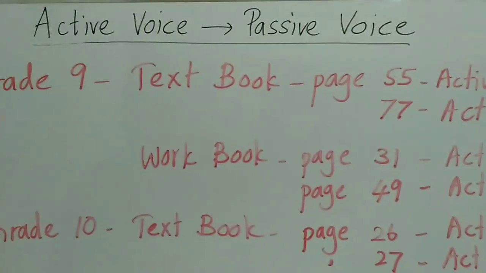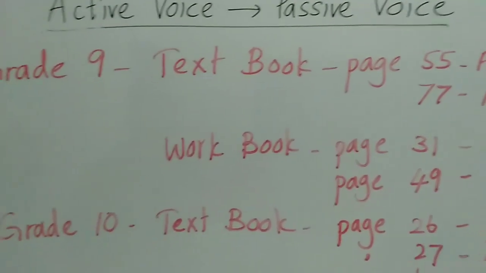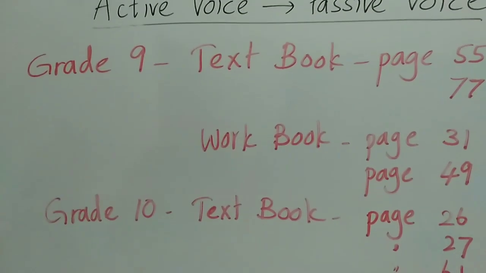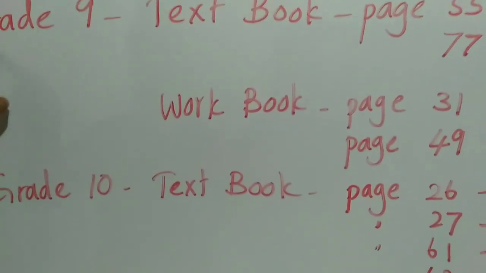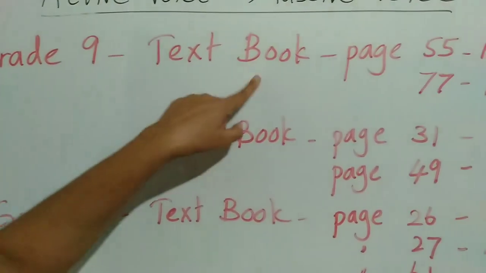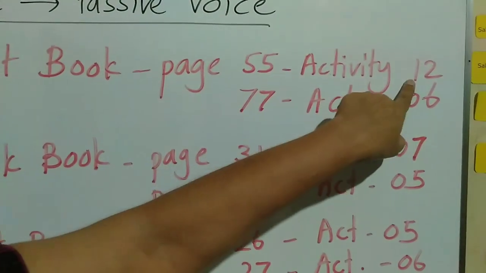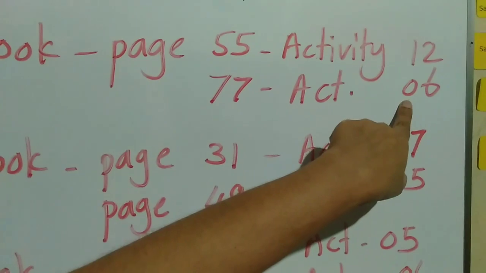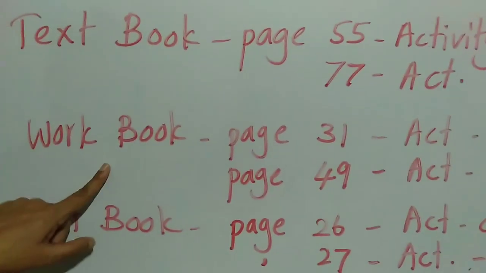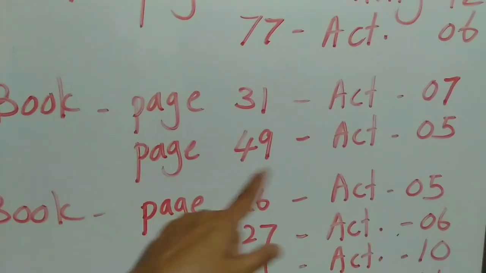I have already completed all the tenses with you, and now I am going to assign you the activities given in your textbook and your workbook. Grade 9 textbook, page 55, activity 12. Page 77, activity 6. Workbook, page 31, activity 7, page 49, activity 5.